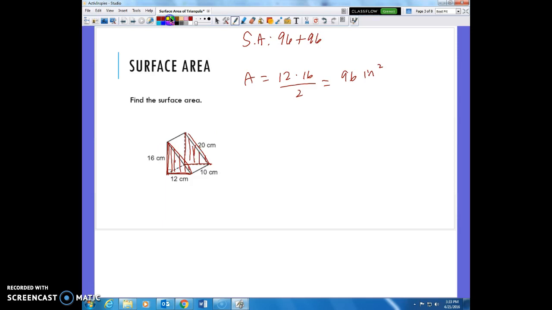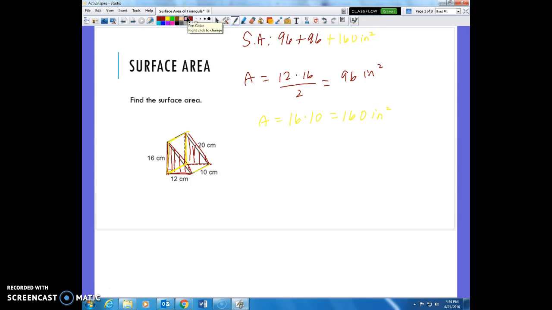And now let's look at some rectangles here. I have a rectangle in the back here, highlighting in yellow, that is 16 by 10. So I have another area that's 16 by 10, which is 160 square inches.